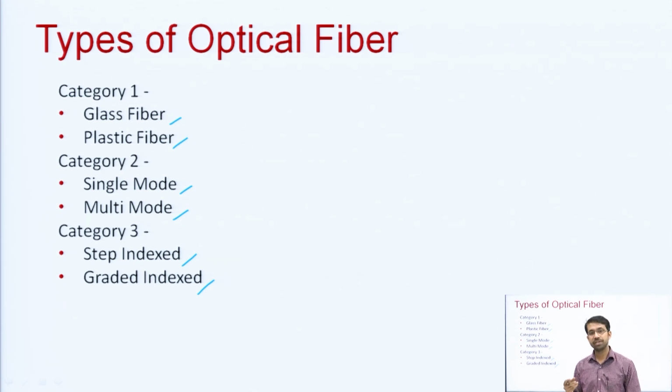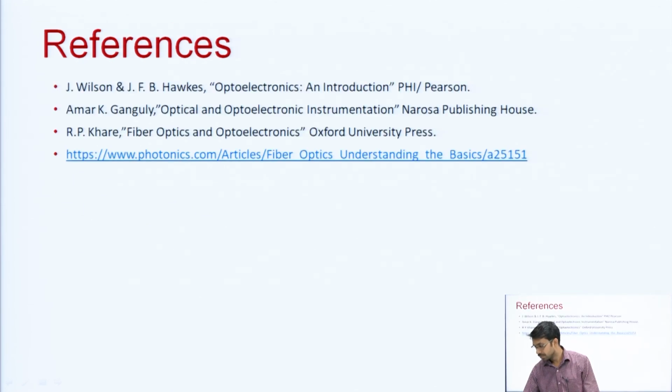This also we shall discuss in the next lecture about different kinds of fibers. So, these are the references that we can see. This was all about the basics of optical fibers. In the next lecture we shall discuss different types of optical fibers and a few important parameters about optical fibers. Thank you.